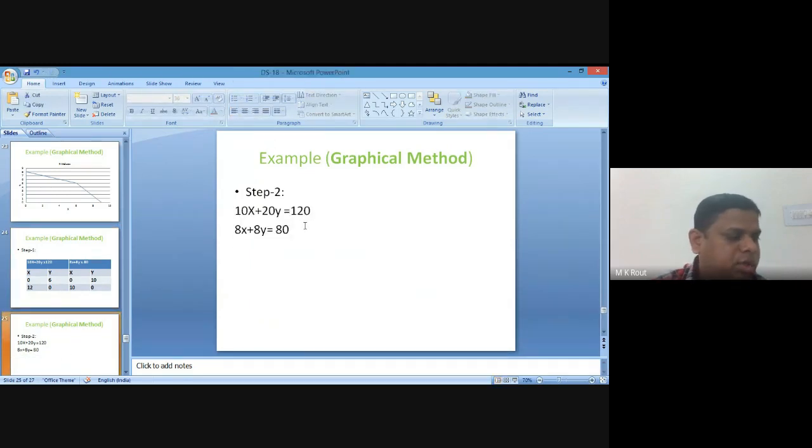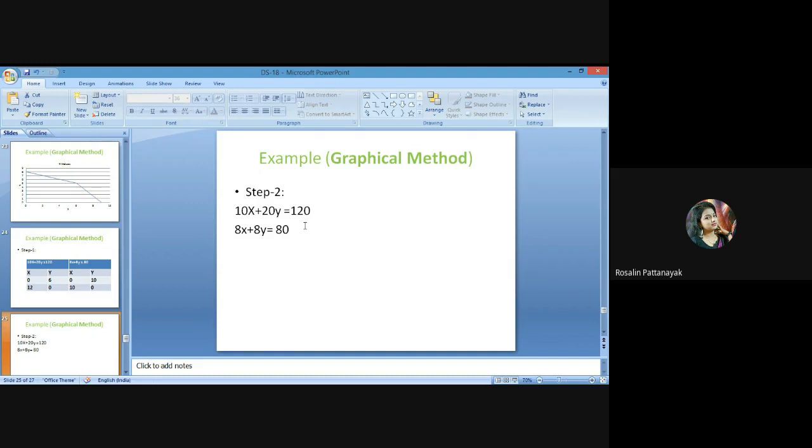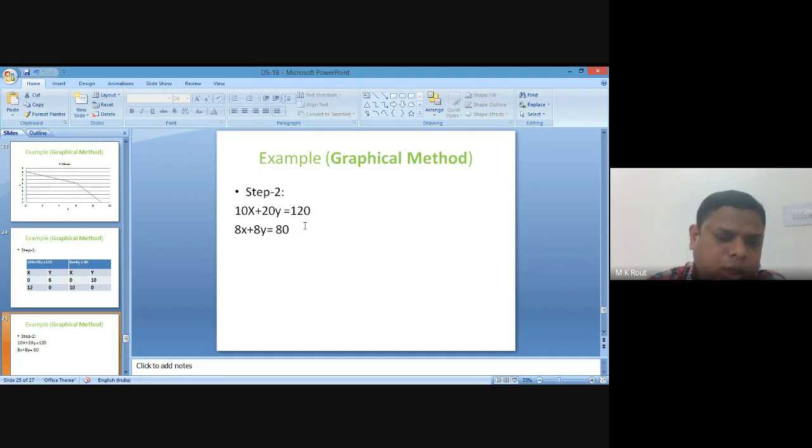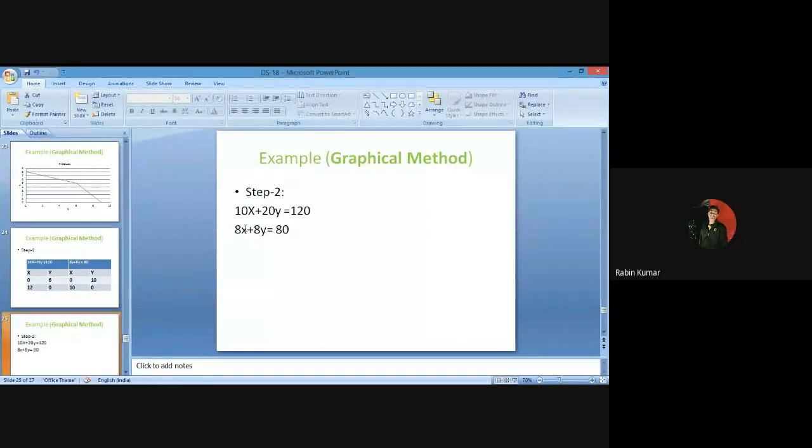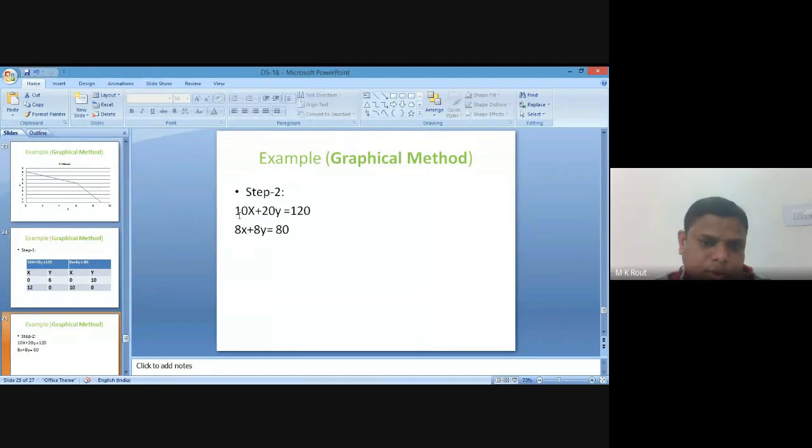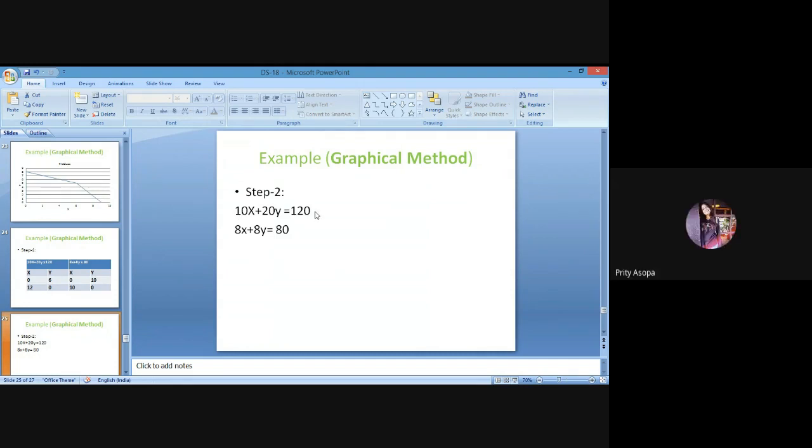So how much do you multiply here? You can convert the inequality into an equality. Multiply with 2 and 5.